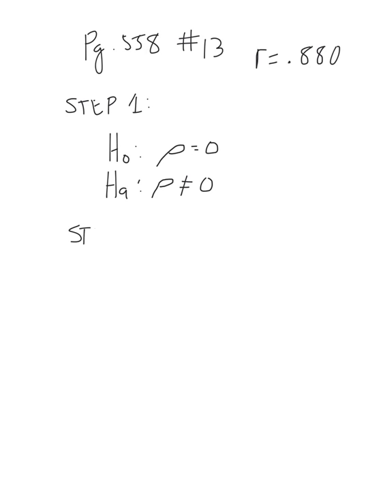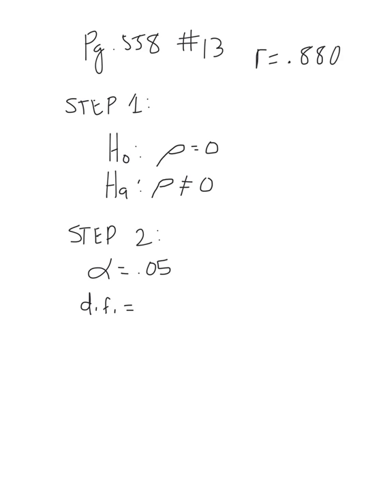For step 2, we're going to find the critical values. Our alpha is going to be 0.05. And the degrees of freedom is going to be n minus 2.